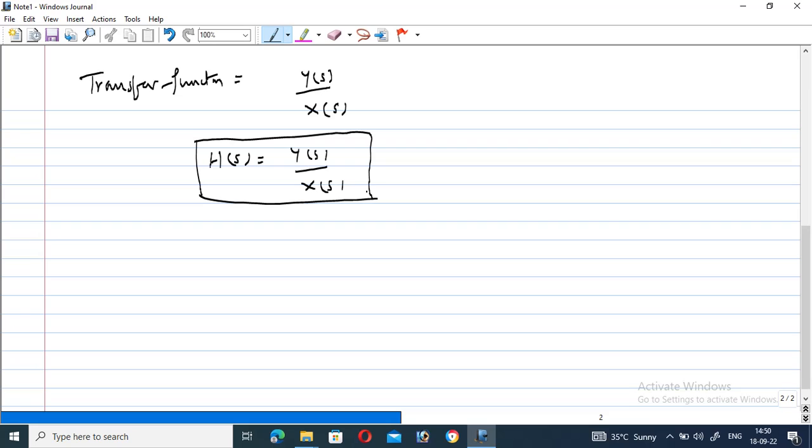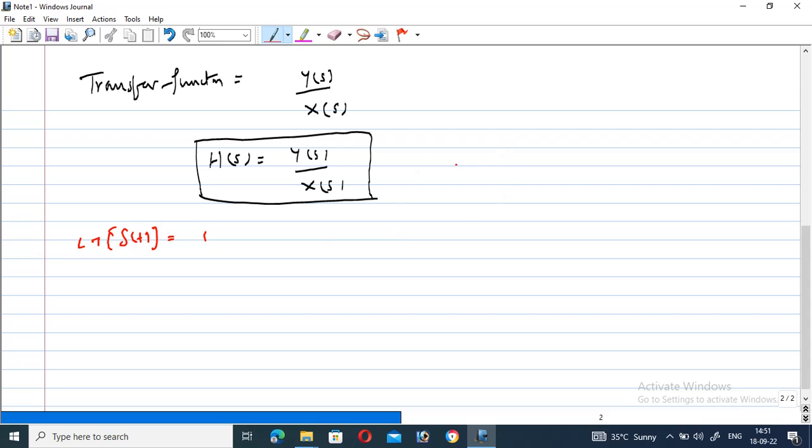Let us see some examples related to the transfer function. We will see some basic Laplace transform functions that are used from the analysis point of view. The Laplace transform of del of t is equal to 1.